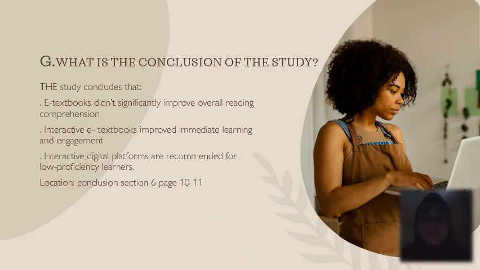Therefore, the researcher recommended using interactive digital platforms to support reading interaction, especially for learners with low English proficiency. The location is in the conclusion section, pages 10 to 11.